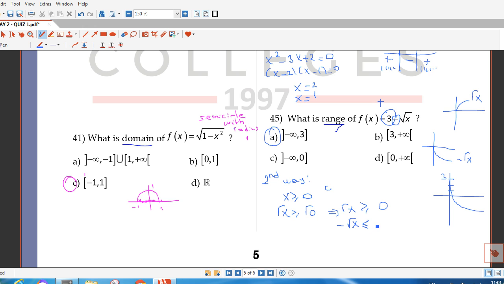I have to reverse the symbol, and I have to write plus 3 to both sides. So 3 minus root of x less than or equal to 3, it is my function. I can say numbers less than or equal to 3 will be the answer. The answer will be the same, which is A.